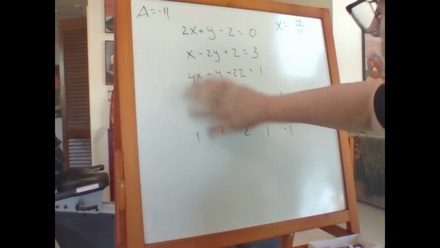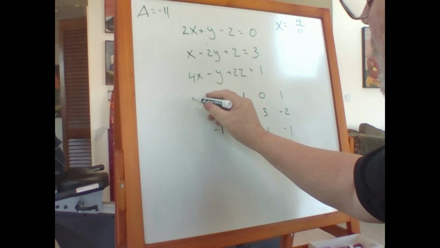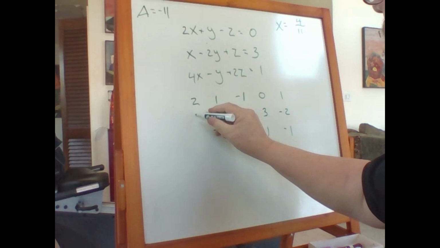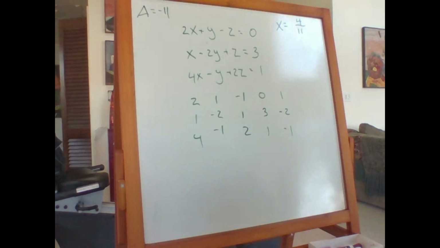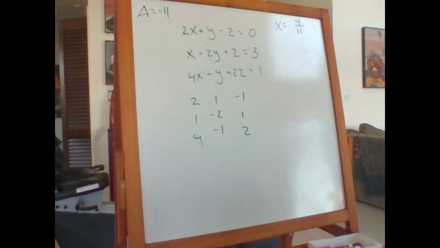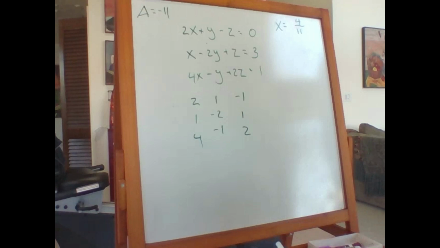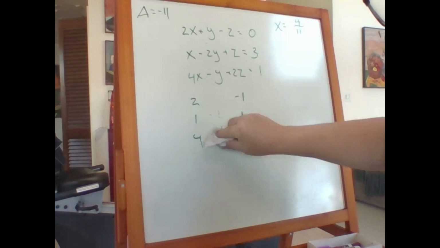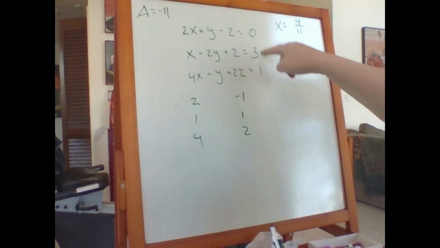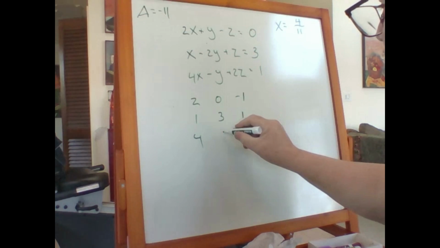So we rewrite our matrix, 2, 1, 4. This is our original matrix. Now we're looking for the y variable. So we replace the y's with the 0, 3, 1. 0, 3, 1.